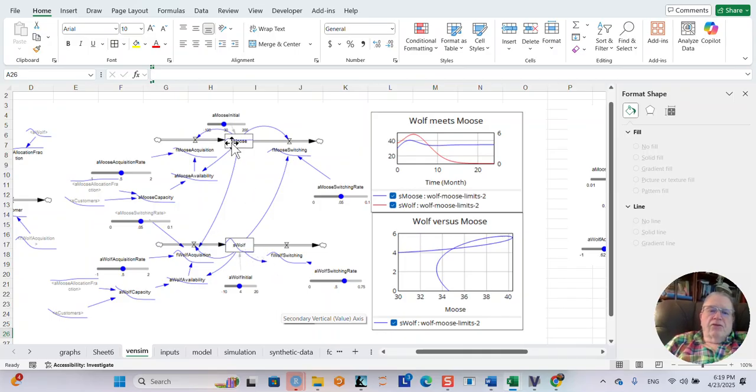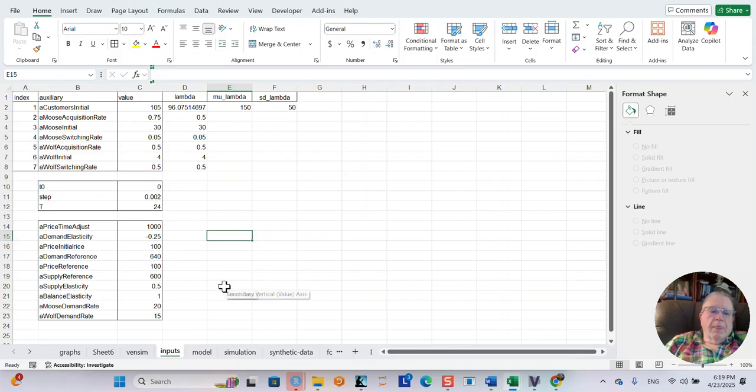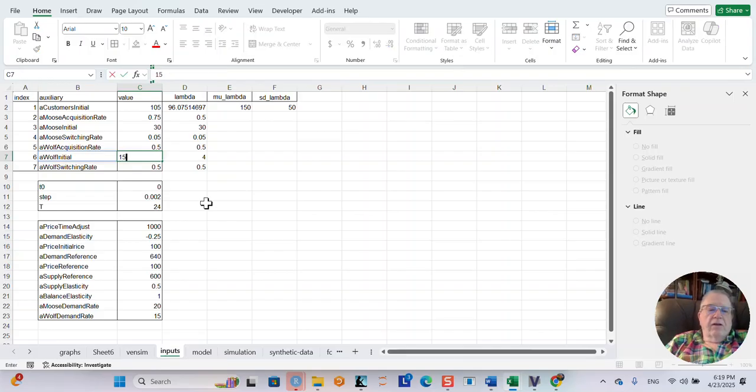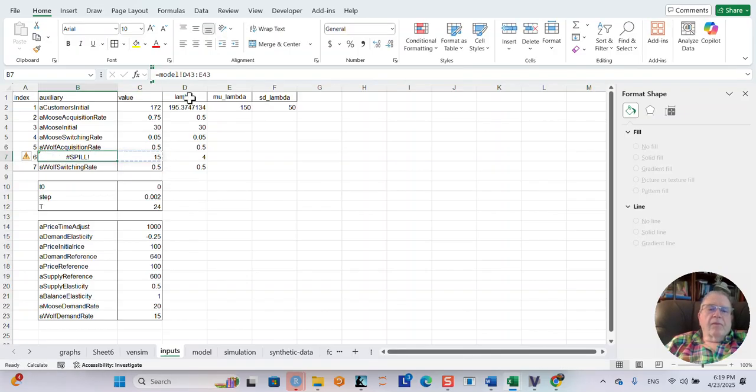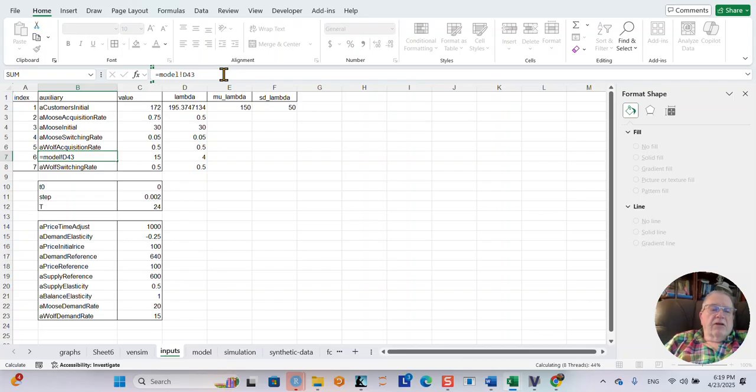And that's because these things called Moose and WolfCo customer base move through time. They're different. I am also interested in seeing one more thing. Bear with me. What happens if this is 15 initial? So get rid of this seismic anomaly there.